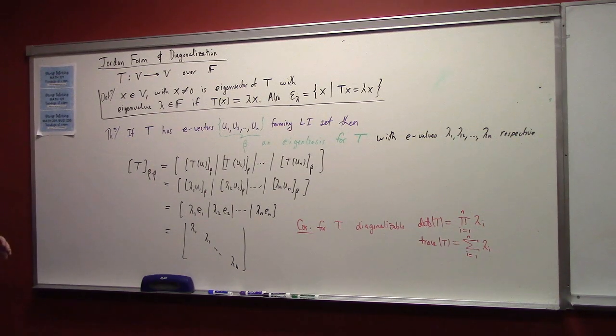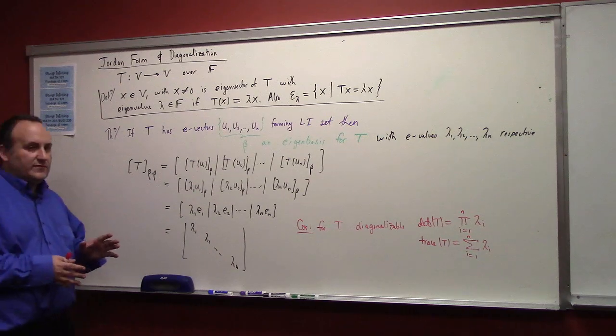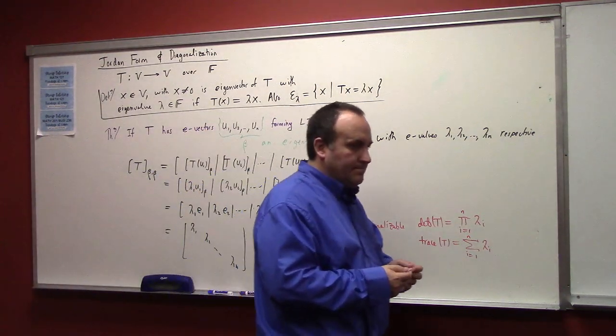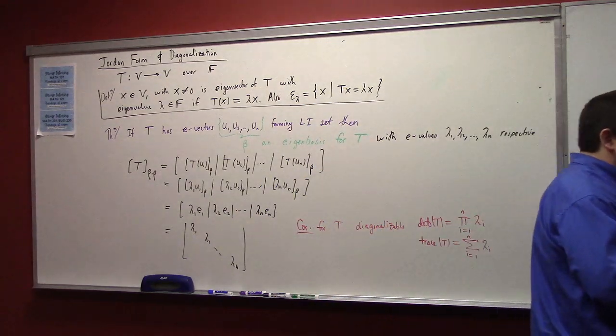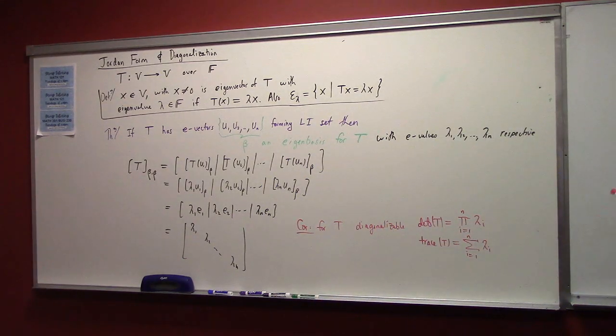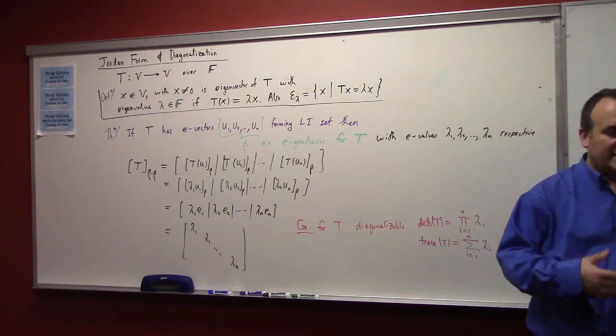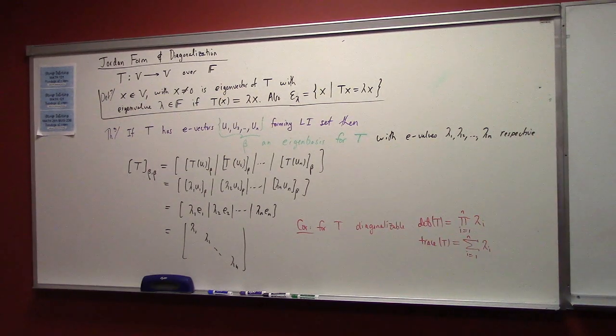The fascinating thing is, not every matrix, not every transformation, is diagonalizable. And yet these formulas are generally true. If you don't say diagonalizable, just given T an endomorphism, these formulas are true.